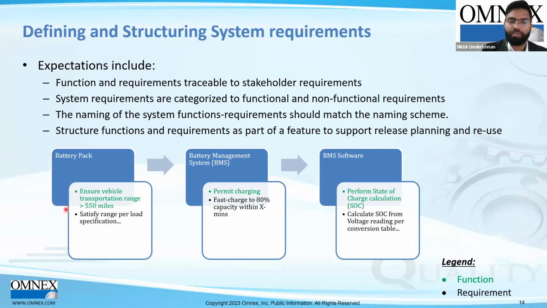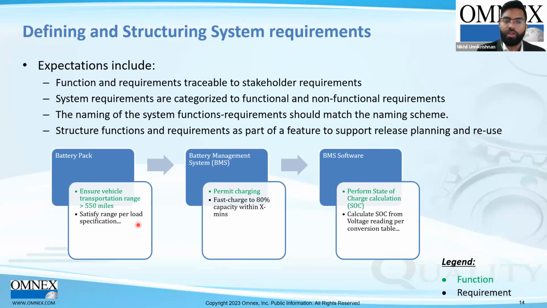So you can see, for example, at the battery pack level, we're trying to ensure the vehicle transportation range is greater than 550 miles, which then translates into a requirement saying that there's a satisfied range per a particular load specification, and you could have some type of load specification that can go along with it. So that's the specific requirement.